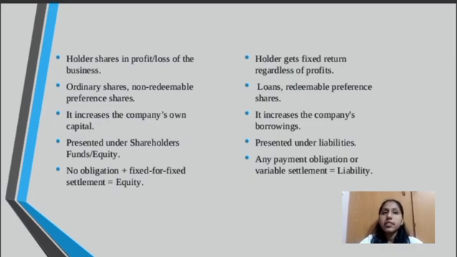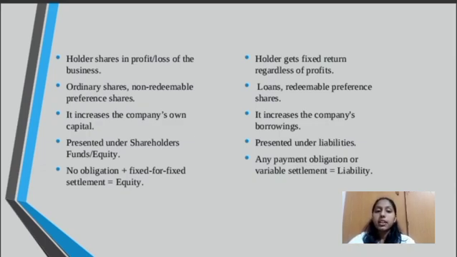Next, the eighth one. Under equity instrument, it increases the company's own capital. Money from equity holders is treated as the company's own funds and not borrowed money. So the company does not need to return it.